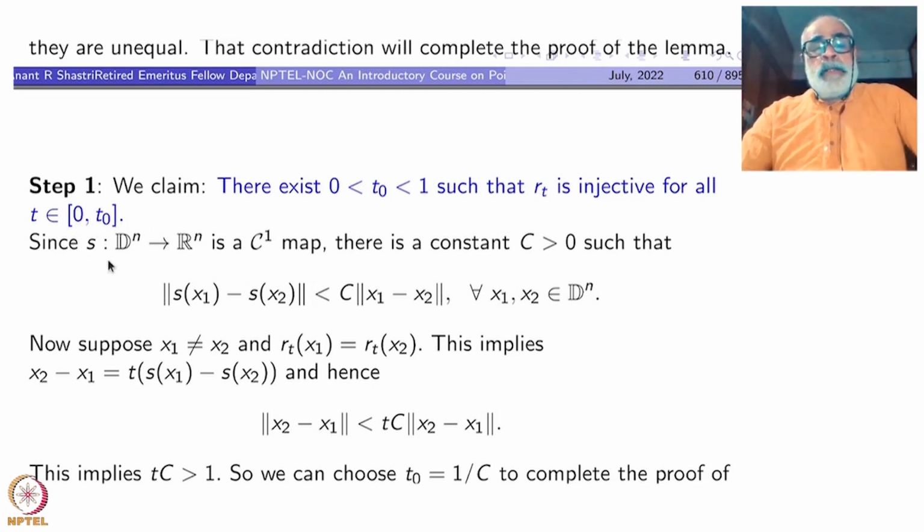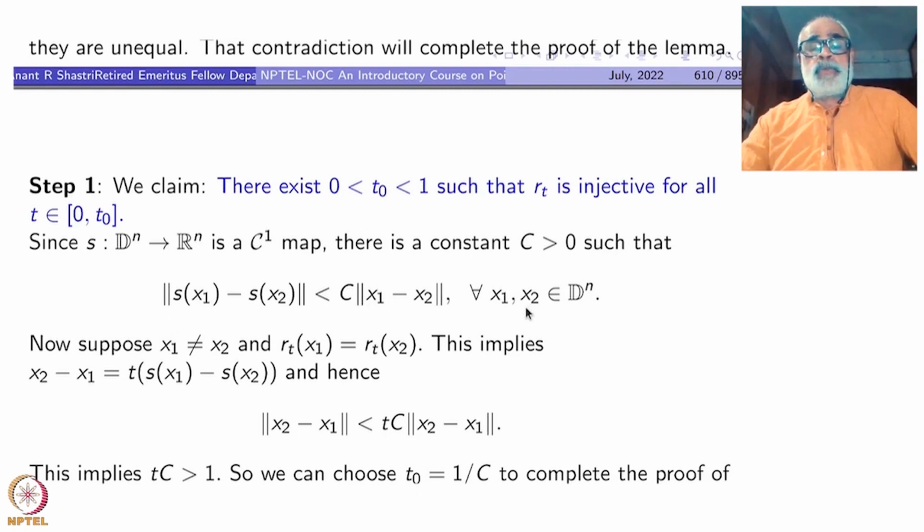Look at the function S from Dn to Rn. This is a C1 map, right? Therefore, there is a positive constant C such that this Lipschitz condition holds: the norm of Sx1 minus Sx2 is less than some constant times the norm of x1 minus x2.